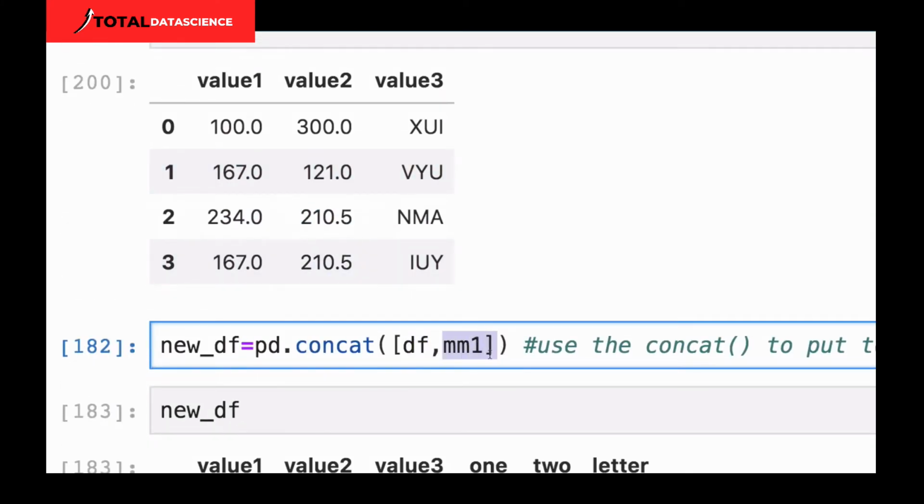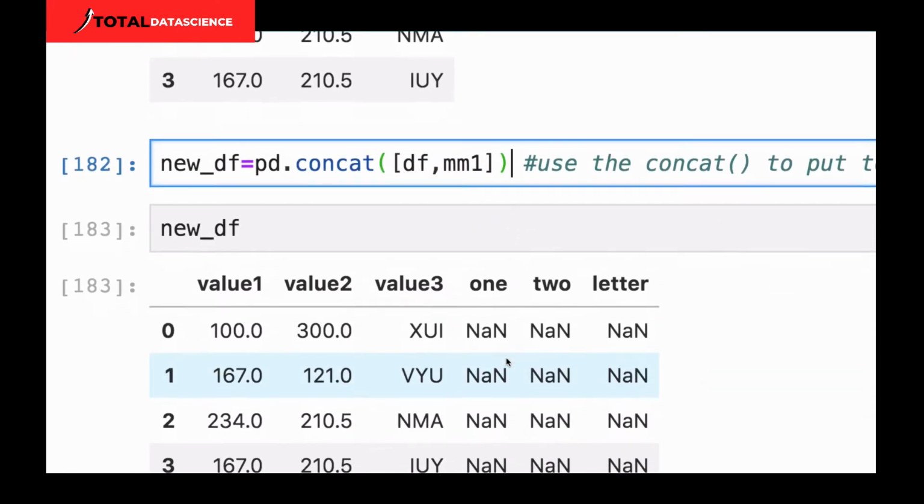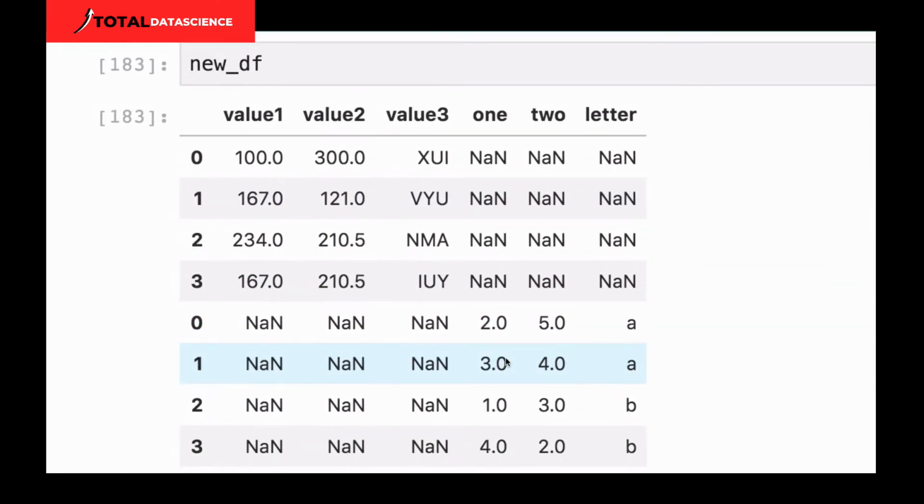In order to put two data frames together, I'm going to use the concat function. In pandas we have the concat function, which will help us do that. So if I do that, this is what is going to happen.